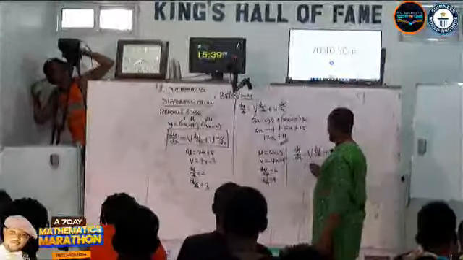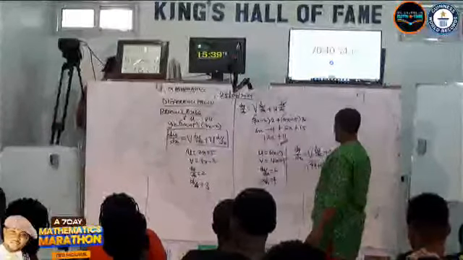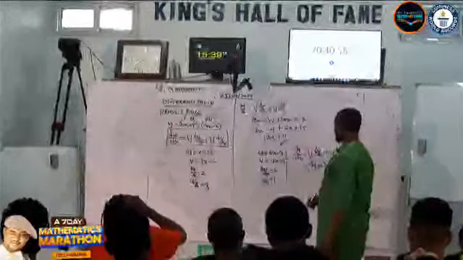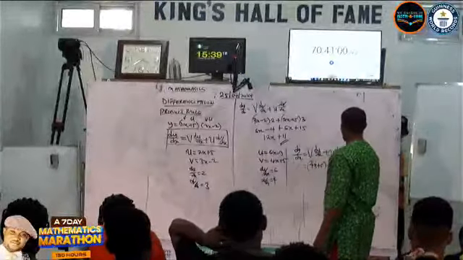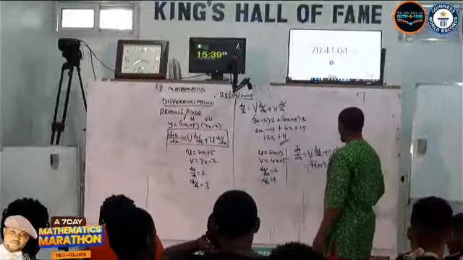What's my V? 4x plus 5. What's my du over dx? What's my U? The dv over dx.